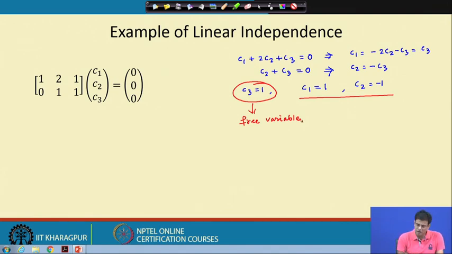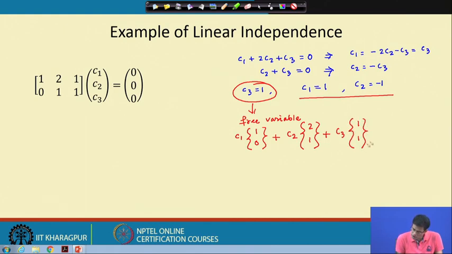If I write C1 times this vector, 1 0, plus C2 times this vector, 2 1, plus C3 times 1 1, I can produce the right hand side as 0 0 with these values. With C3 equals 1, C1 equals 1 and C2 equals minus 1, I can produce a right hand side of 0 0.